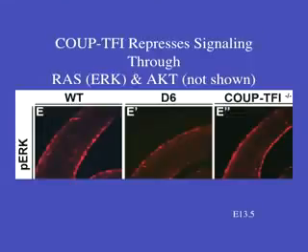In the overexpression of COOP, you can see that the number of cells that are positive for the phosphorylated ERK is greatly reduced. And in the loss of function of COOP-TF1, there's a subtle increase in the number of phosphorylated ERK positive cells. Andrea found a similar phenotype by looking at phosphorylated AKT substrate as well, but I won't show you that.